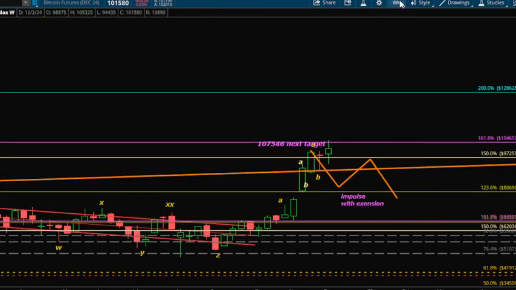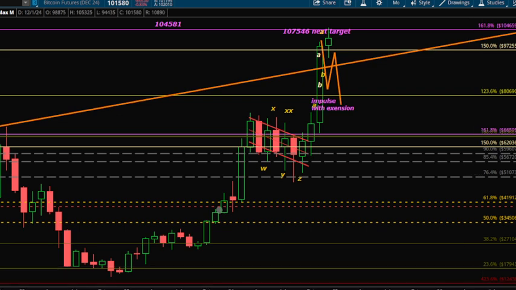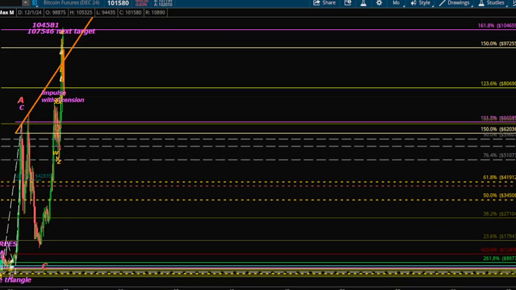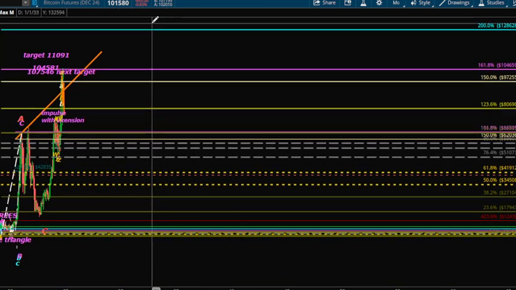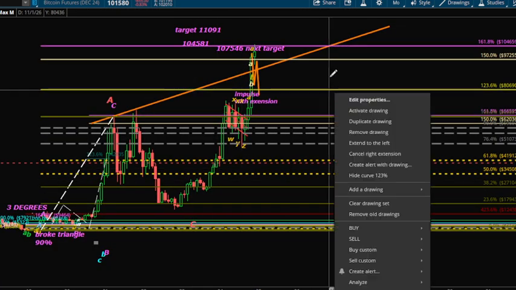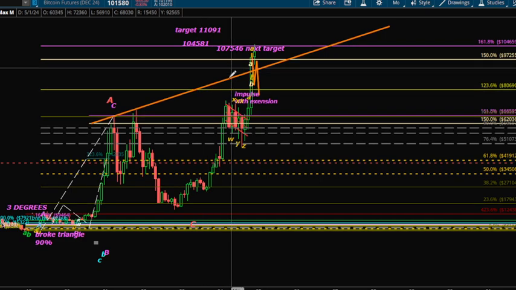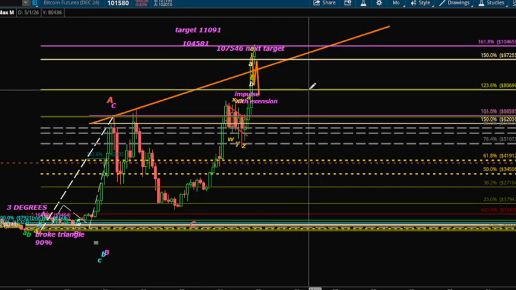retracements here. So let's go back out to the monthly and clean up the chart a little bit, and we'll end it on that. Oh, so yeah, that's right.